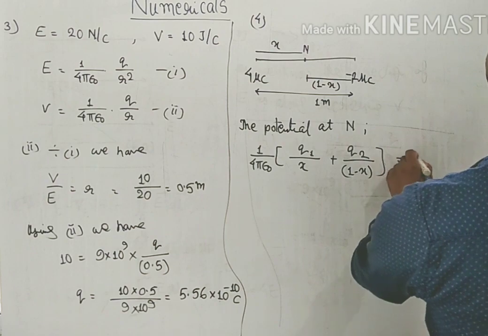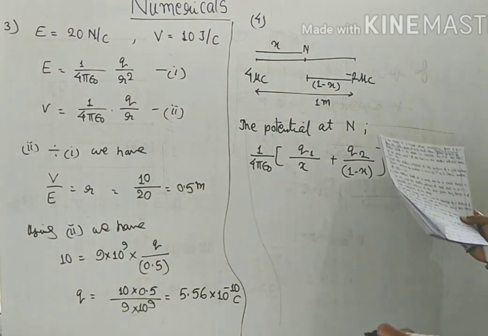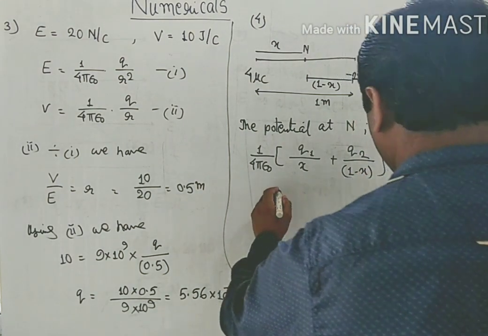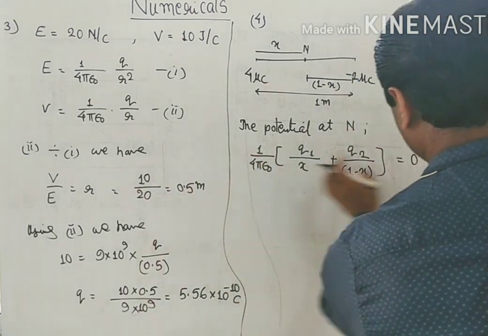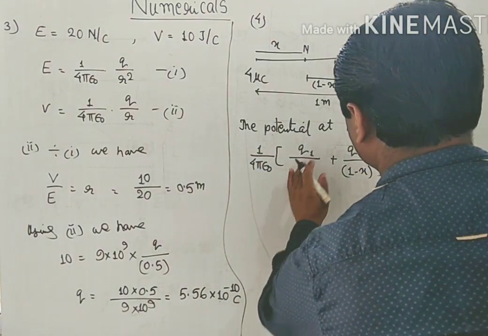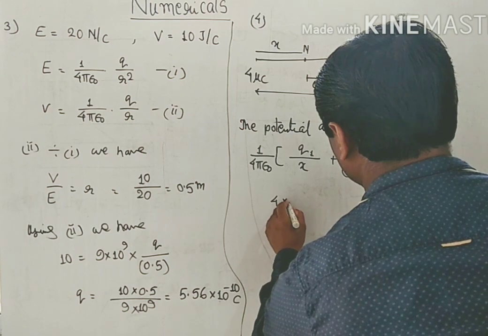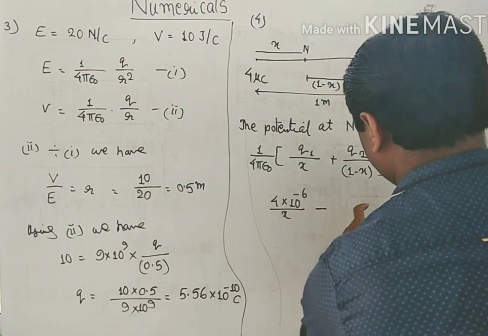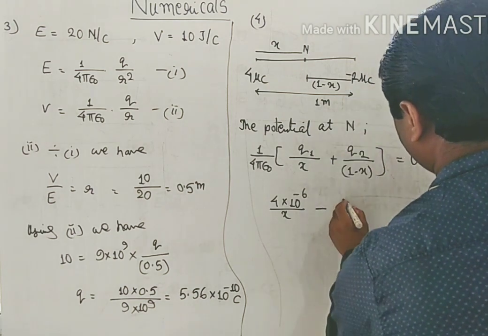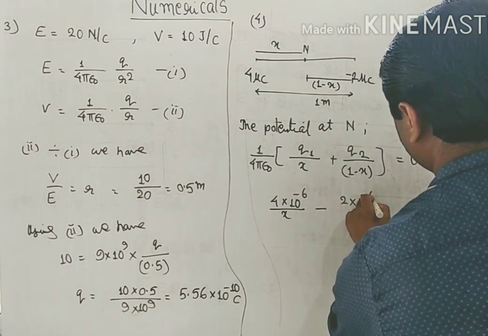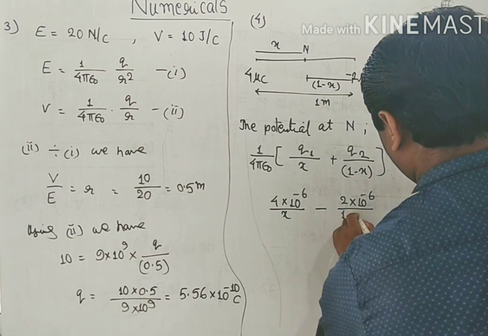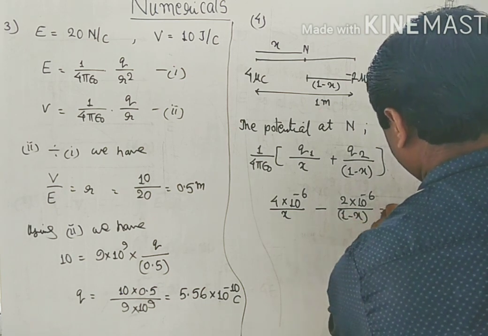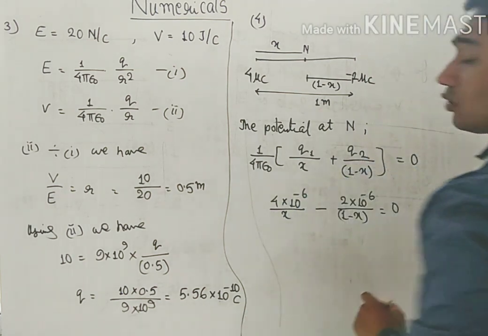So this has to be equal to 0. Okay, let's move on. Just place the values. This will be 0, and here the charge is given to be 4 into 10 to the power minus 6 upon x, minus second charge, 2 into 10 to the power minus 6, upon 1 minus x. So this is just equal to 0.